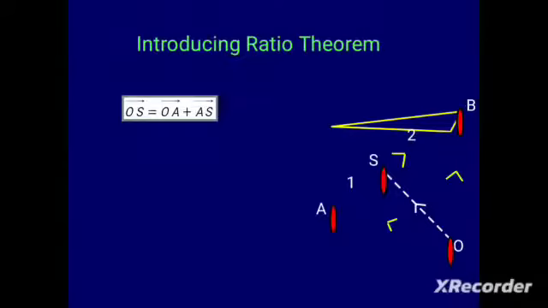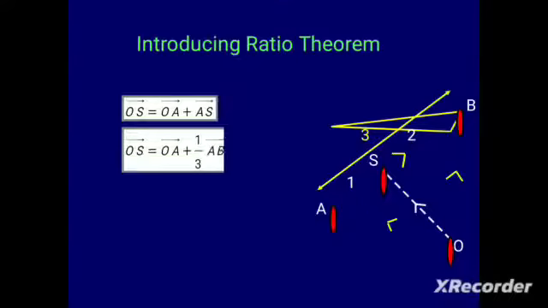Now we have vector OS is equal to vector OA plus vector AS. So that means that we have the total length being 3.